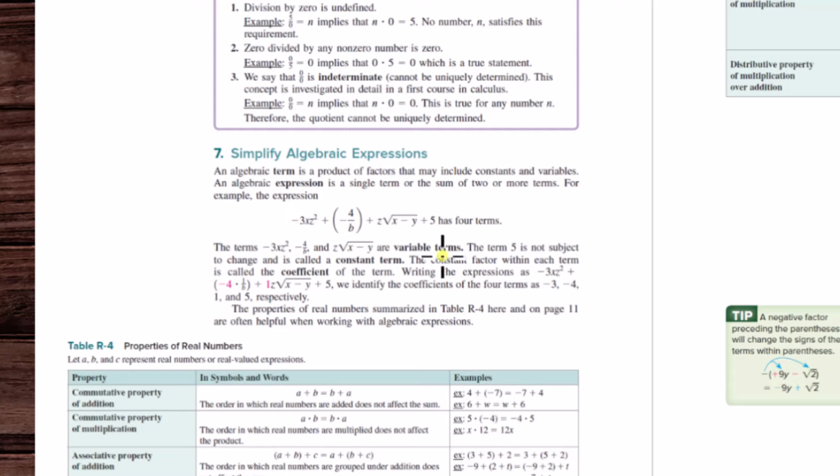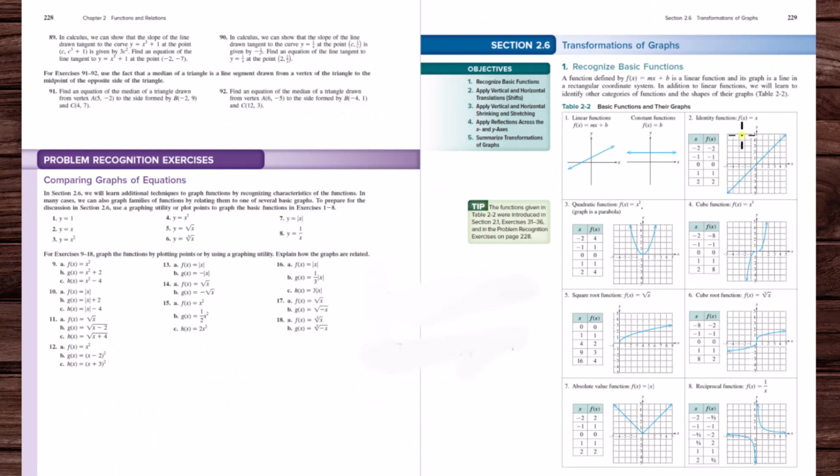It's just a product of factors, of constants and variables. Terms that have variables are called variable terms. A term that doesn't have a variable is called a constant term. And coefficients are the constant factor within each term. Here the coefficient is -3, here -4, here 1, and here this is like 5 times 1, so the coefficient is 5 on this constant term. But you see why I'm calling these parent terms.